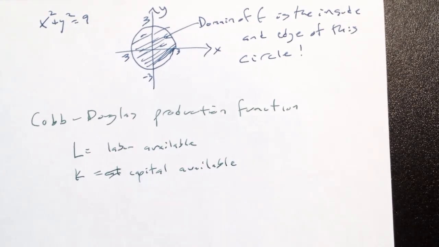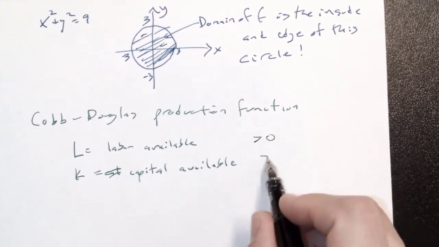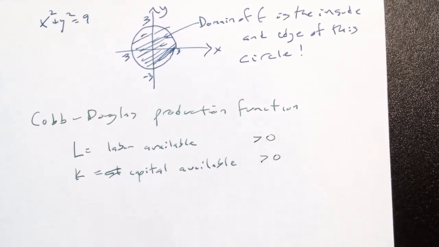And it turns out that they said both of these should never be 0. If you have all labor and no capital, then you're a slave owner. If you have all capital and no labor, you're a rich guy with nobody to work for him. You're not making very much, right?